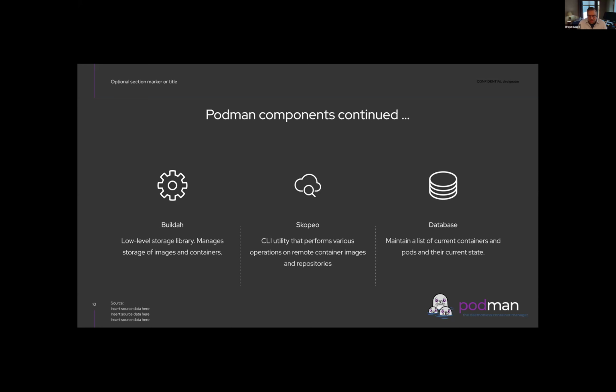And then Skopeo, which is like our Swiss Army knife, a CLI utility that allows you to do inspection of images remotely, inspection of things locally, and transforming things from one format to another. It's quite a handy and popular tool.